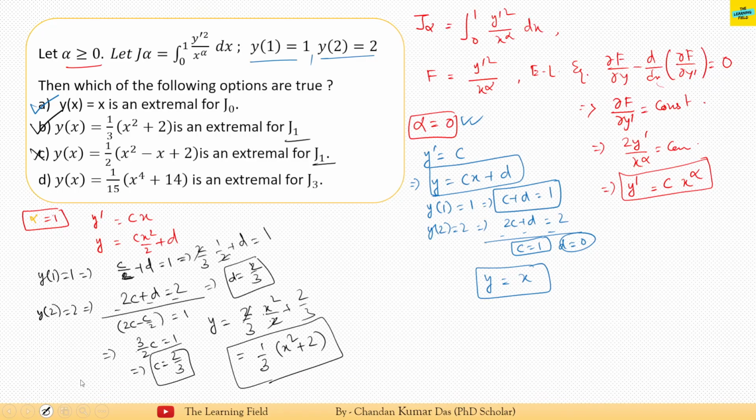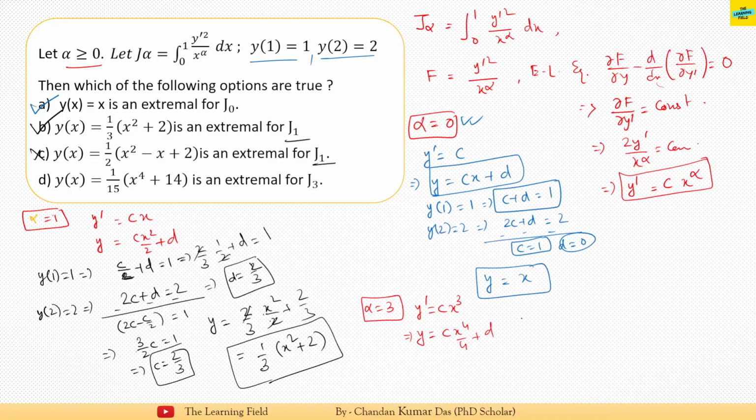Now if we consider another case, alpha equal to 3, then y dash equal to cx cube. If we integrate, then we get y equal to cx to the power 4 by 4 plus d.